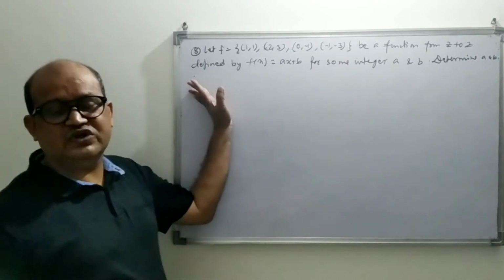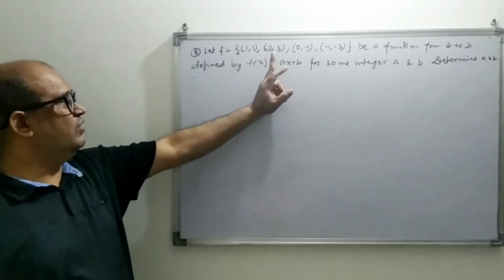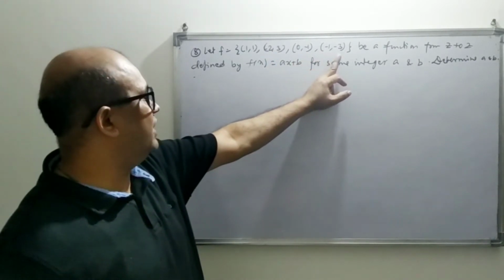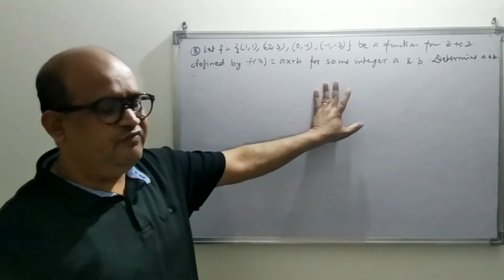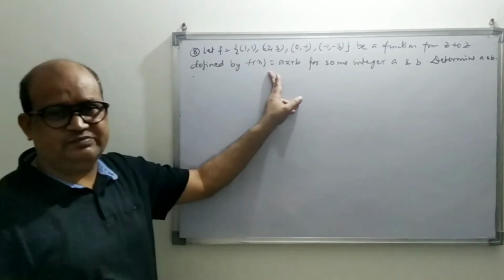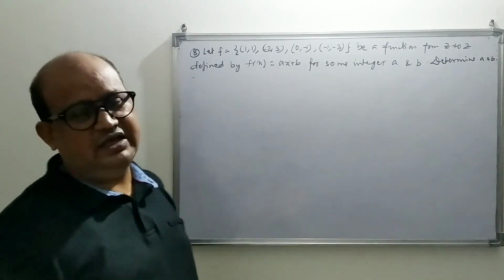Now I'll go to question number 8. It says the function is given by 1, 1, 2, 3, 0, minus 1, minus 1, minus 3. It is a function from Z to Z, that is integer to integer, defined by f(x) = ax + b, for some integers a and b. Then determine a and b.